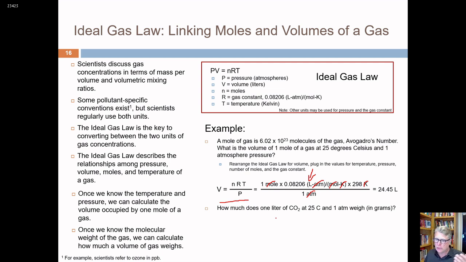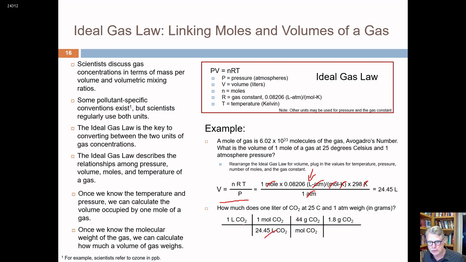So, how much does 1 liter of CO2 at 25 degrees C and 1 atmosphere weigh in grams? Well, here's our starting point, 1 liter of CO2. Here's where we're trying to go, grams of CO2. Let's put in the conversions at this temperature and pressure. 1 mole of CO2 occupies 24.45 liters.